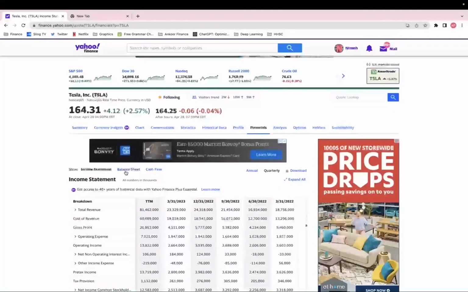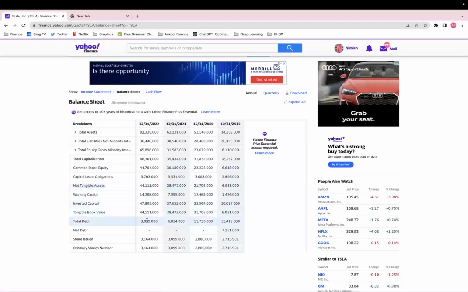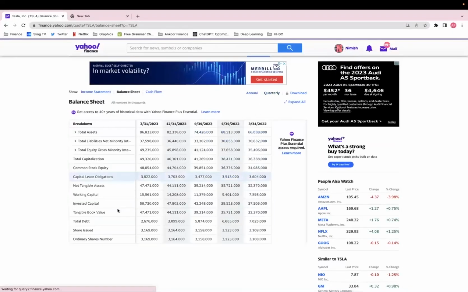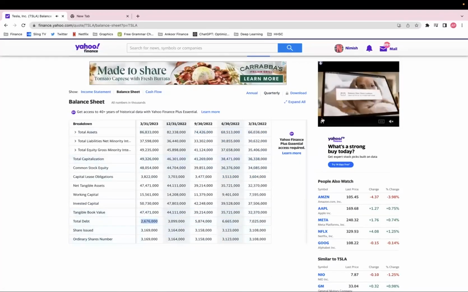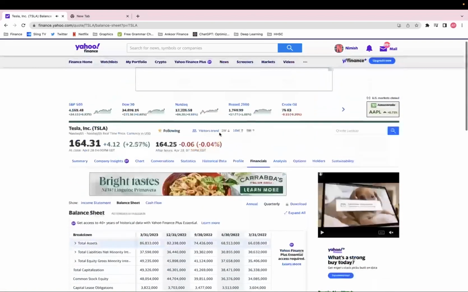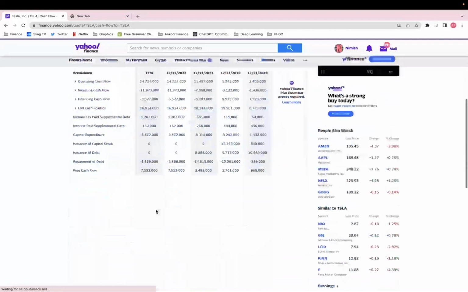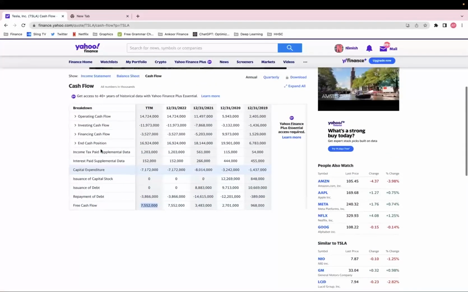So that's the income statement. This is the balance sheet. Total debt is this much. This is for the year, and if I do quarter, then this will be for the quarter. They are desperately trying to sell. Cash flow, free cash flow, and there's an operating cash flow, which is also important.